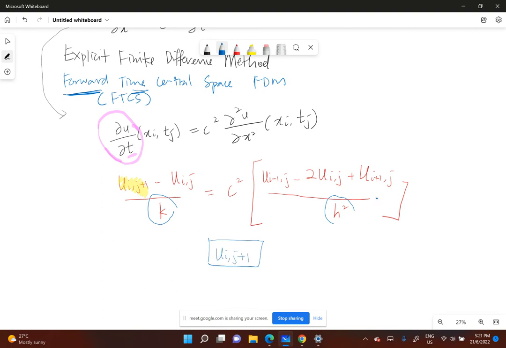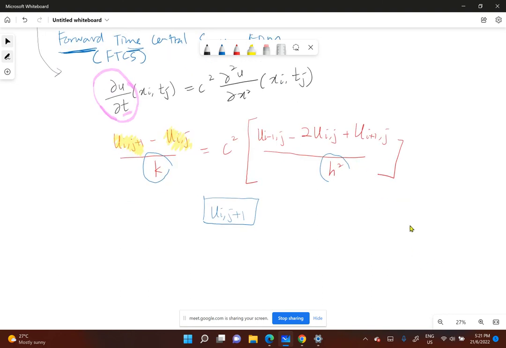Okay. So maksudnya, and then the second one is kita ada this one, uij. Maksudnya bawah dia lah kan. Lepas tu continue. We have this one, ui minus 1j.